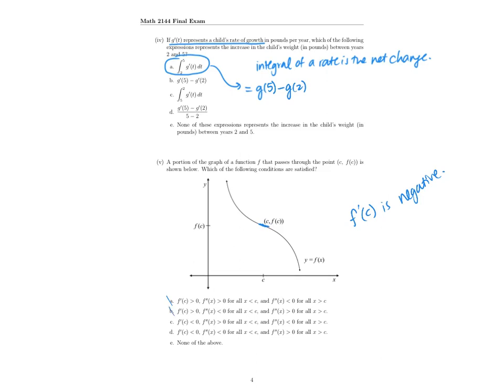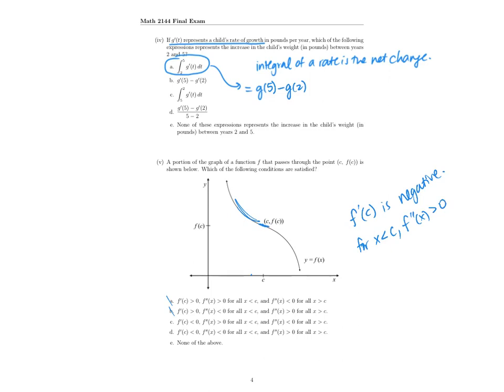And then let's look at f double prime. So for x on this side of C, so for x less than C, the function is concave up. So f double prime of x is greater than 0.